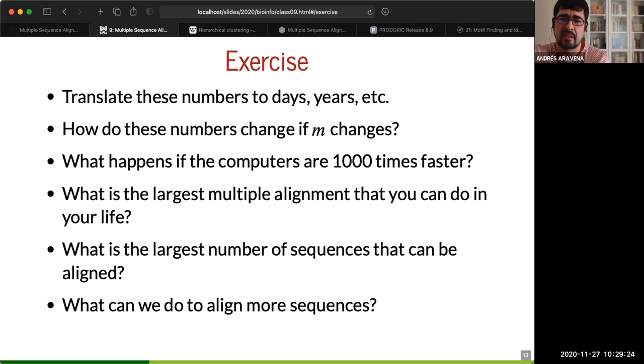But certainly, I think everybody should see clear that we cannot align 1,000 sequences or even 100 sequences. Okay? And unfortunately, that is what we want to do. So what shall we do instead?